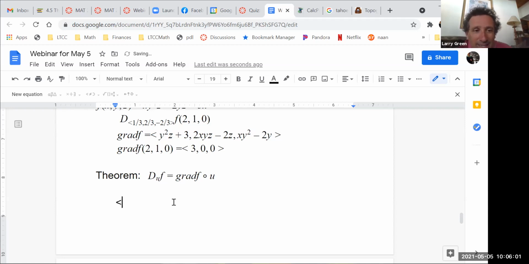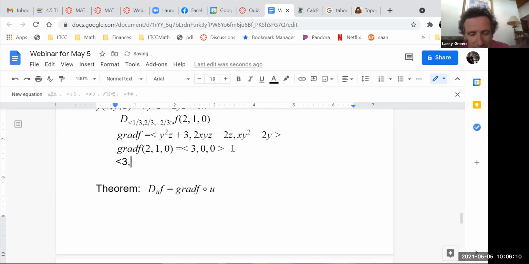So we take the gradient of f, which is 3, 0, 0, and dot that with 1/3, 2/3, negative 2/3. Yep. So 3 times 1/3 is 1, plus 0 plus 0 is 1.